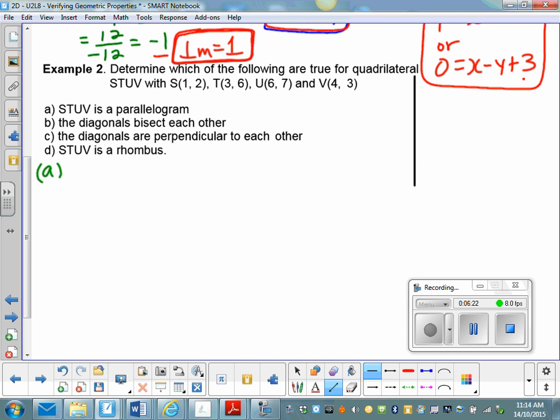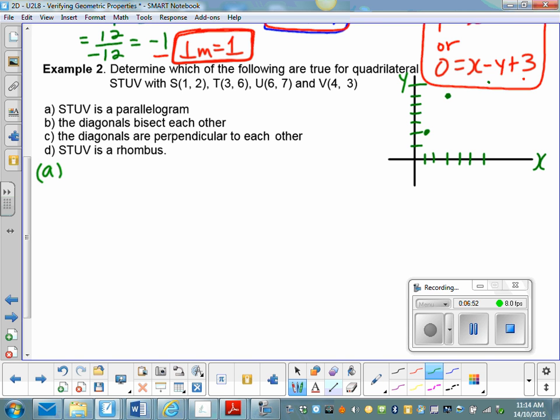And let's see. I'm going to actually do this on a graph this time. So I've got x and y. So S is 1, 2. So 1, 2 is going to be right there. T is 3, 6. That's right there. U is 6, 7.